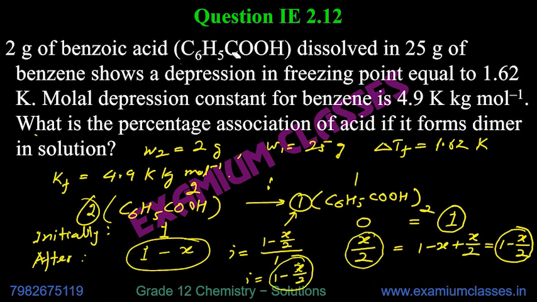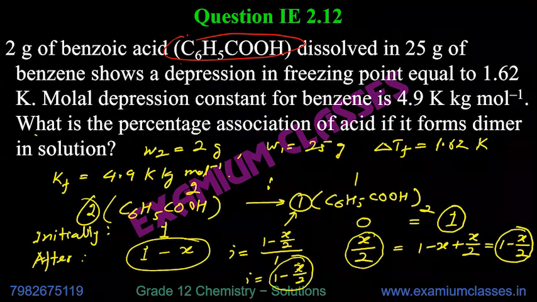But we can calculate the actual value of I from the formula I equals normal molar mass divided by abnormal molar mass. Normal molar mass is what you calculate as per the formula of the compound. But the equation for M2, that formula that gives you the molar mass, will give you abnormal molar mass. Why?